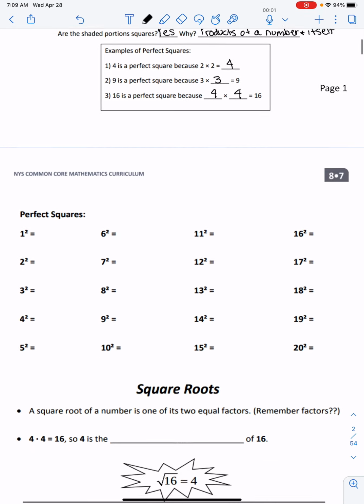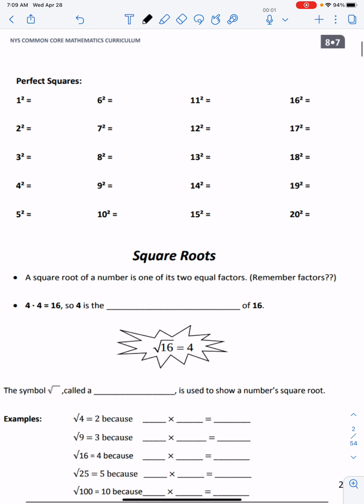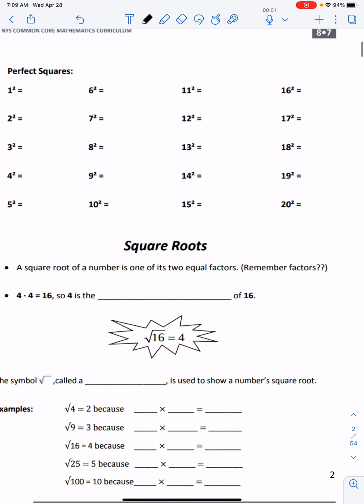Now, we have a list of perfect squares that I want to get through. I'm not going to go through all of these because you can also use the squared button on your calculator to find these. But what I do want to show you here is how you find those perfect squares without your calculator.